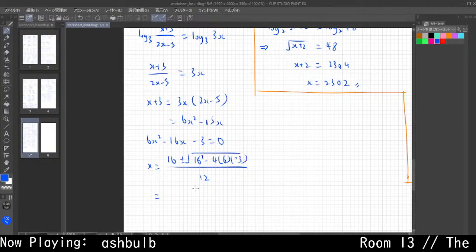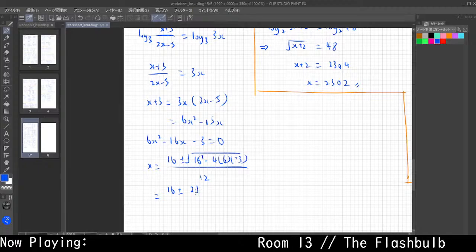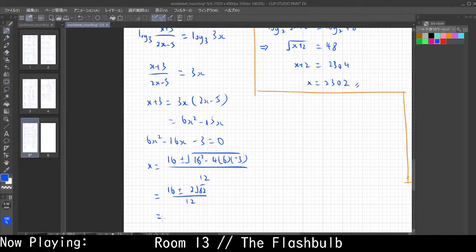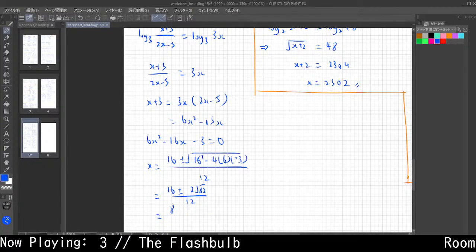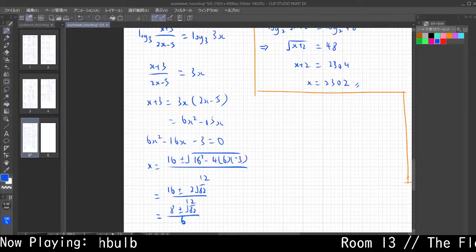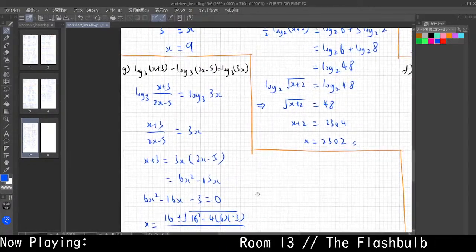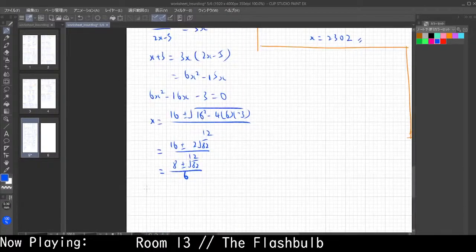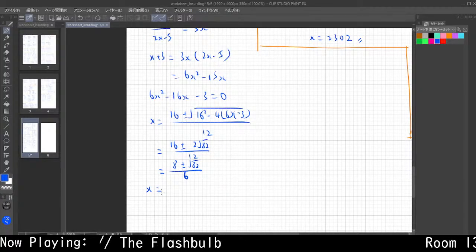Square root of 328 can be written as 2 square root 82. Simplify above, everything divided by 2. 16 becomes 8, this becomes square root 82, this becomes 6. And again, you would want the positive number, because negative numbers put inside will just give an invalid log. So your x will just be the positive answer only.